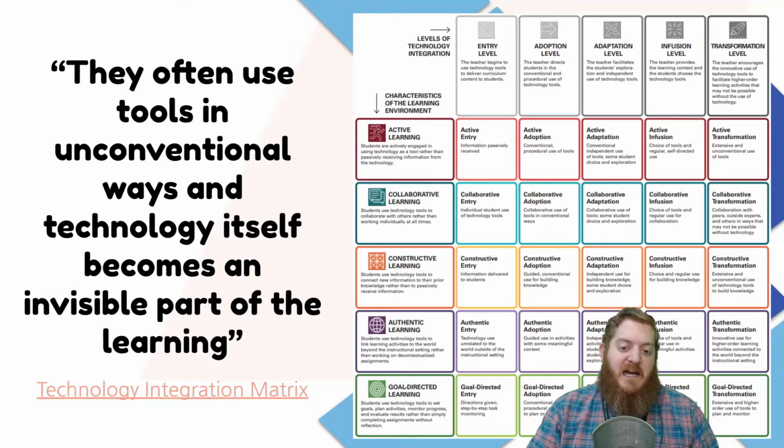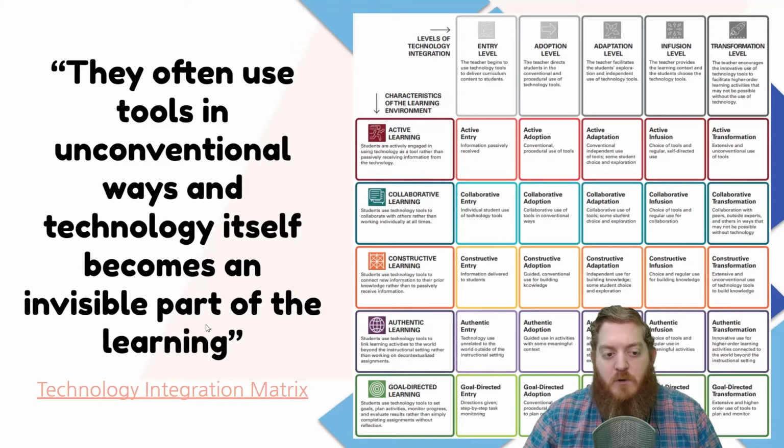All right, next up, I included this technology integration matrix. This is from a school in Florida. I wanted to showcase it because it gives us a rubric, a task, a goal, a standard to set ourselves to whenever we are creating a lesson revolving around technology. One quote I found in the active learning section of this rubric says they often use tools in unconventional ways, and technology itself becomes an invisible part of the learning.